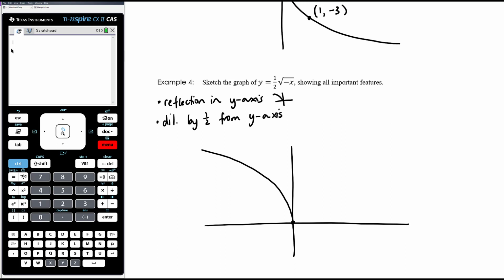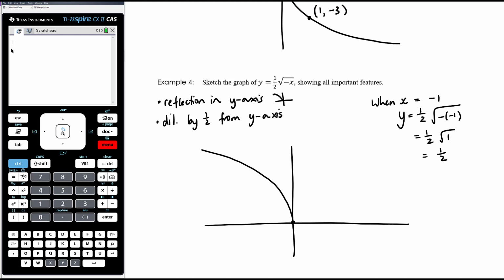So we're going through 0, 0. Let's have a look at when x equals -1. If you were to put x equals +1 in here, the graph doesn't exist over there. So this time when x equals -1, y is half times the square root of -1, which is half times the square root of 1, so that's just half times 1, so half.